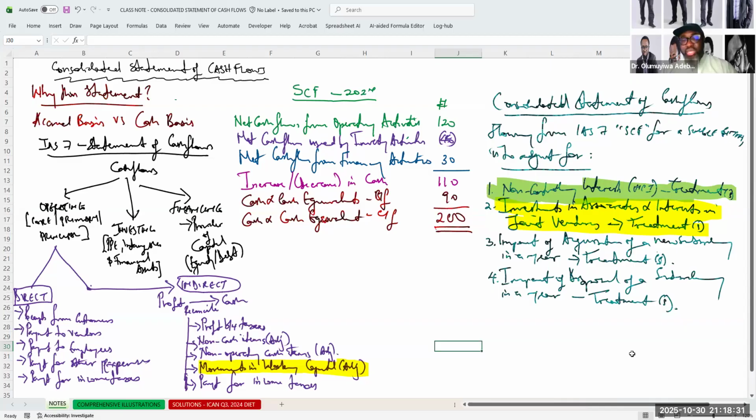Lastly, as opposed to acquisition, there is also a possibility of disposal during the year, which means at the start of the year we start with the parent and maybe 3 subsidiaries, and at the end of the year we are left with a parent and 2 subsidiaries. One subsidiary has been left out by way of disposal.